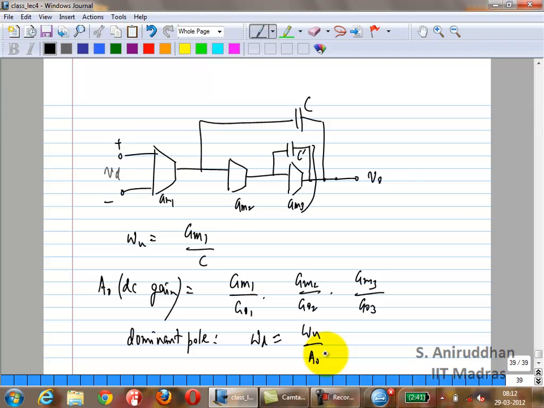Okay? So what we'll do is, let us say this whole portion has some gain A. Maybe I should use a different name. I'll just call it A2.